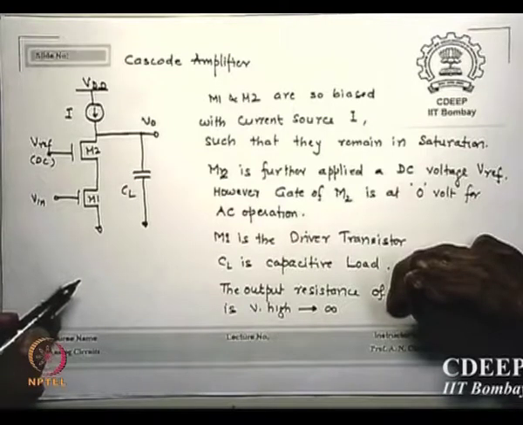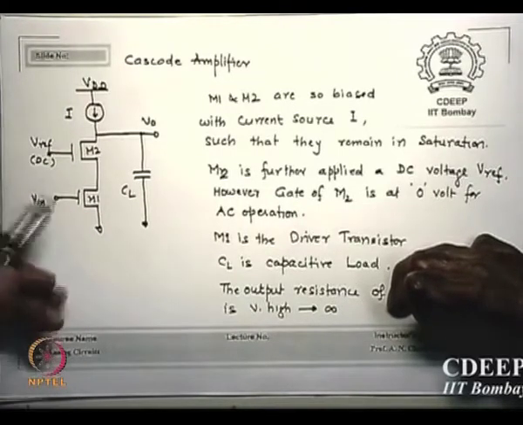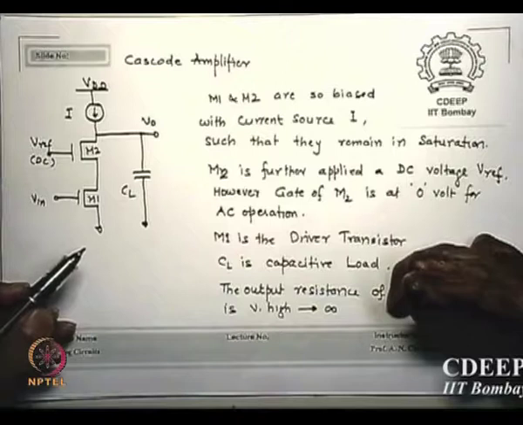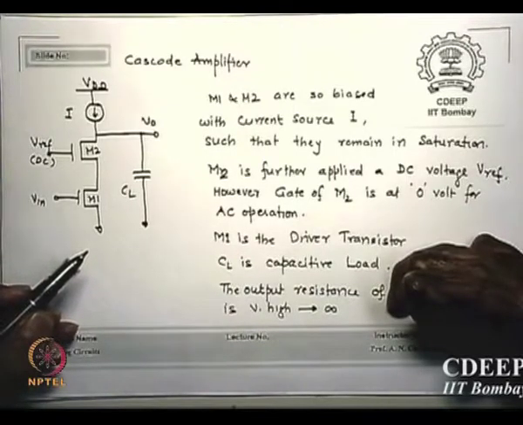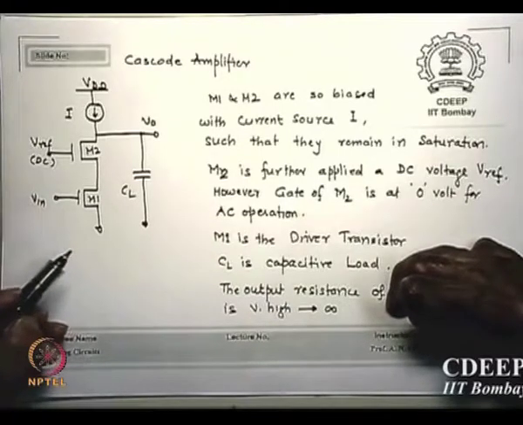Is that clear? That means the power supply needs to be slightly boosted, because otherwise most of the voltage goes here, and then you have nothing left to make them both saturated. So one of the major problems in cascodes is that you may require larger power supply voltages. It is not very exact, but roughly larger than single stage amplifiers.